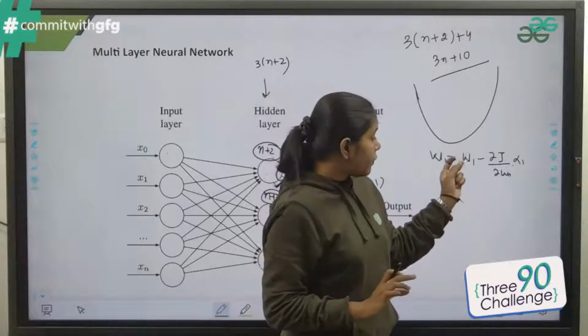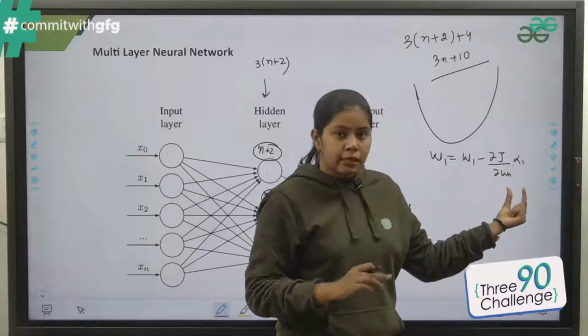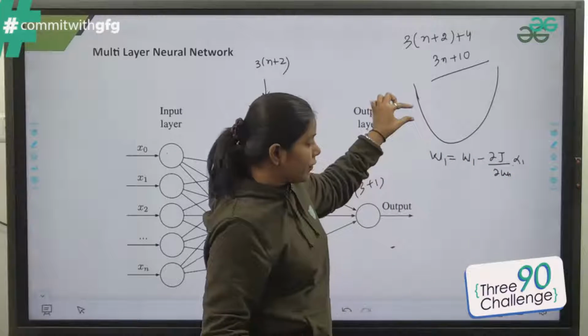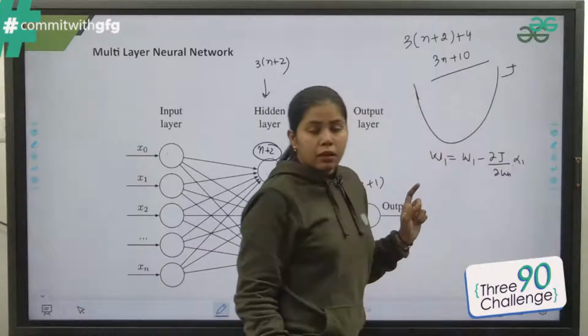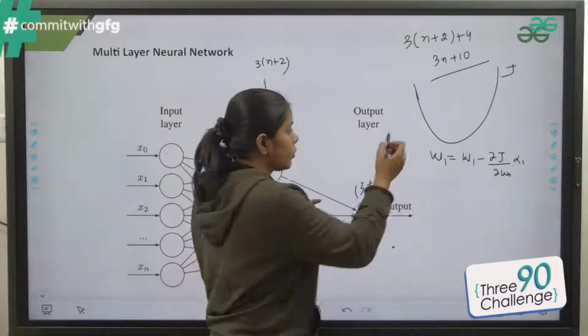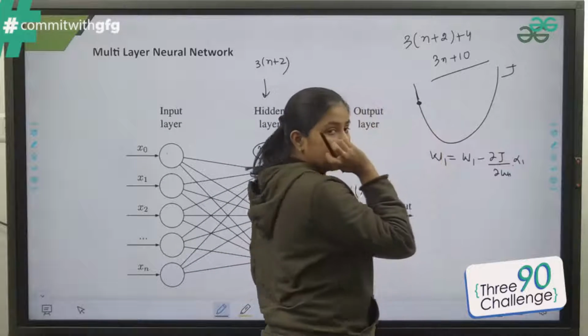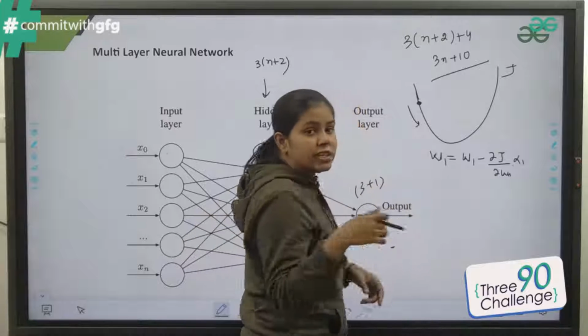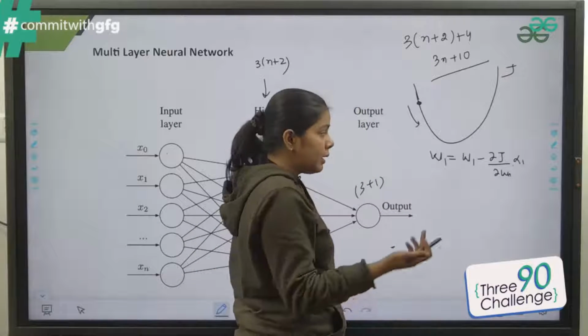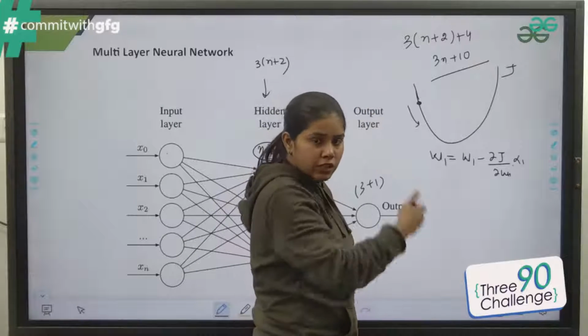So this is the cost function graph. Let's suppose we are at this position. Then you can see that this curve is decreasing, so del J by del w you would get negative, because the function is decreasing.